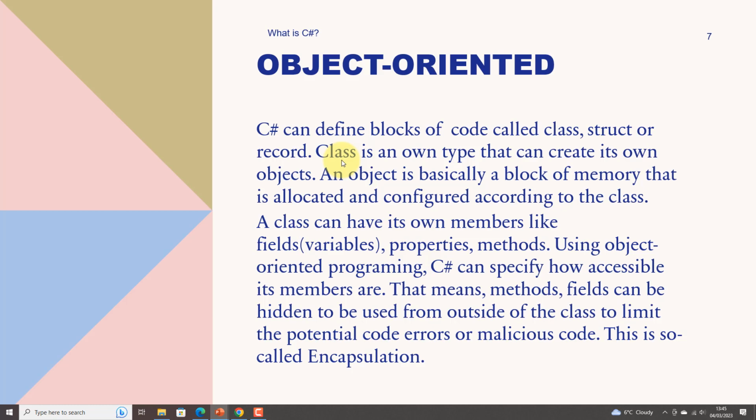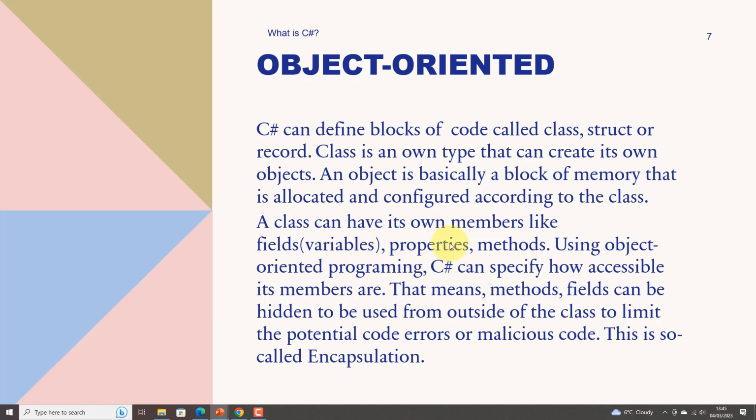So the class can have its own objects. An object basically is a block of memory that is allocated and configured according to the class.